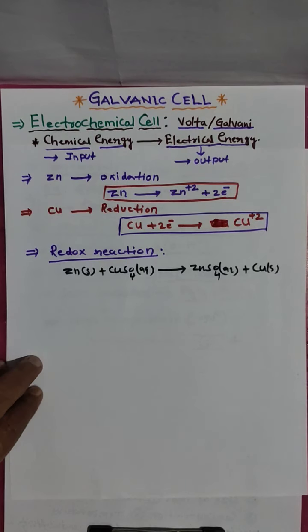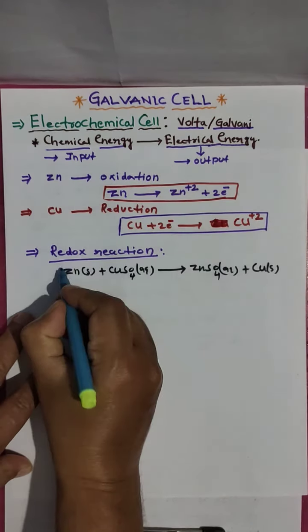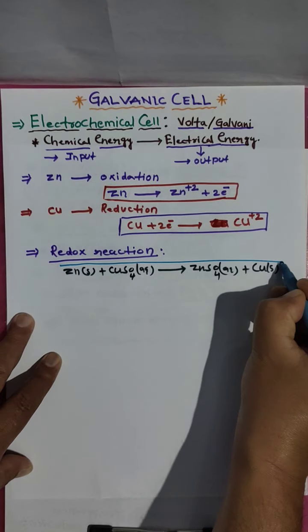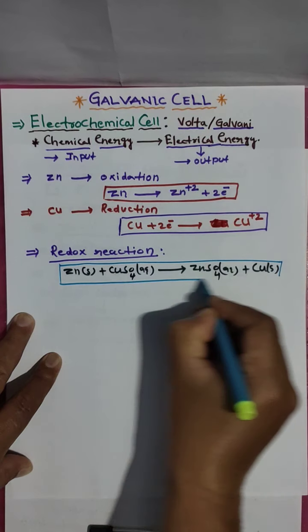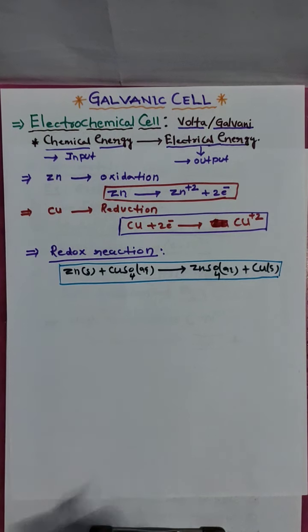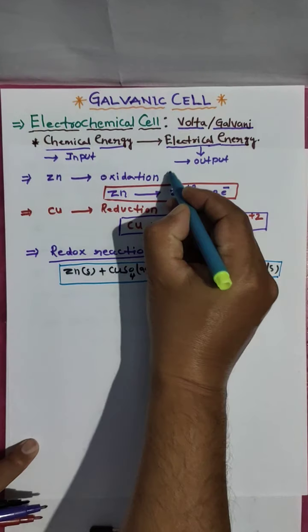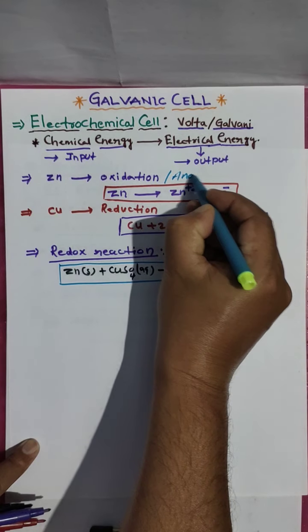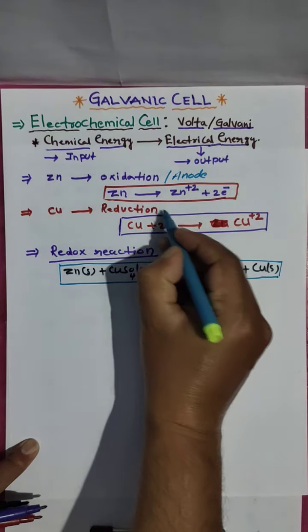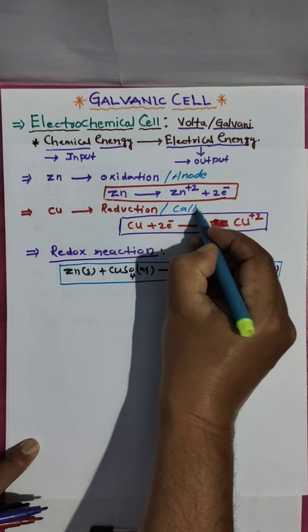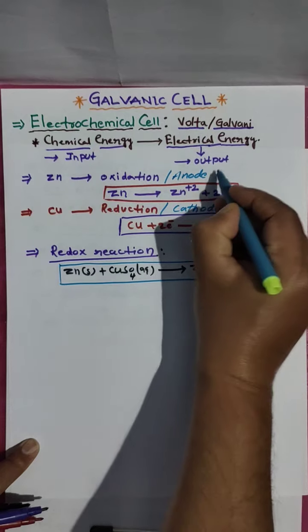This is the redox reaction that takes place in an electrochemical cell, the galvanic or voltaic cell. So we give chemical energy as input and get electrical energy as output, because of zinc oxidation at the anode and copper reduction at the cathode.